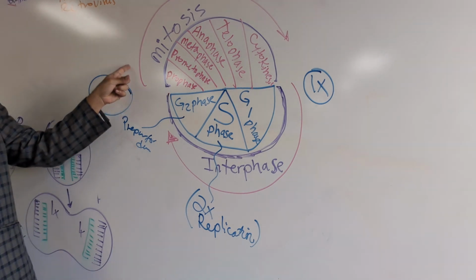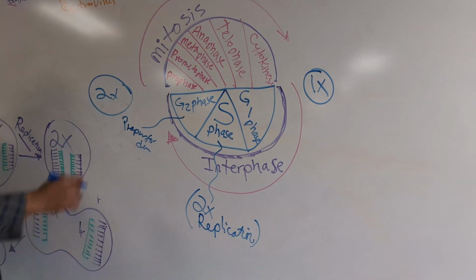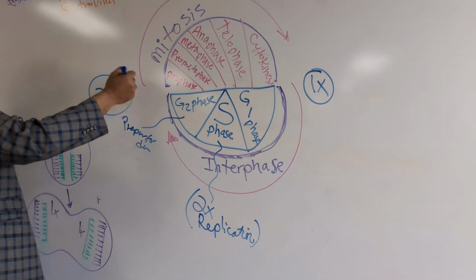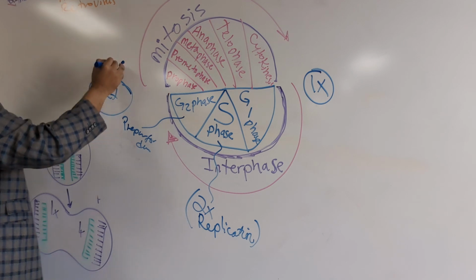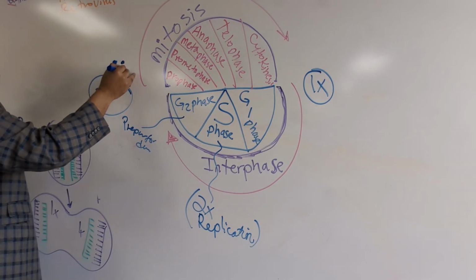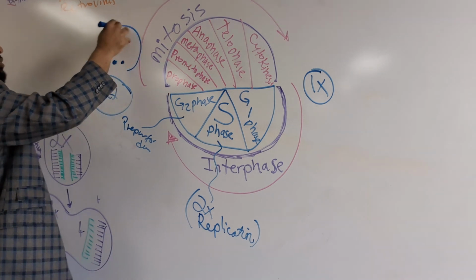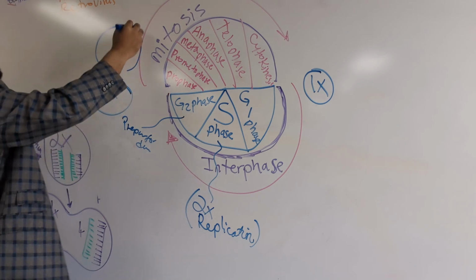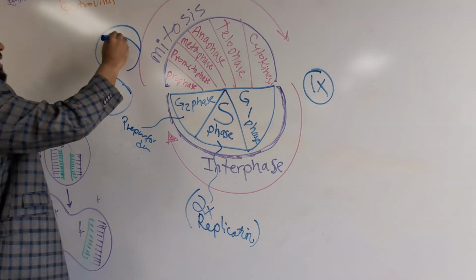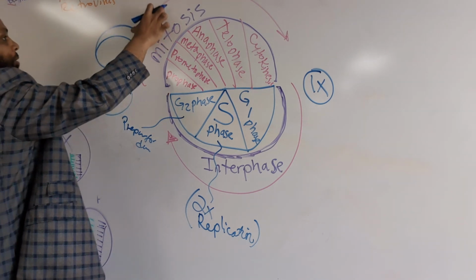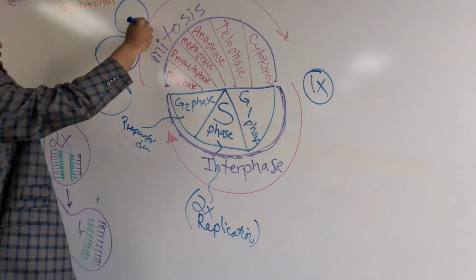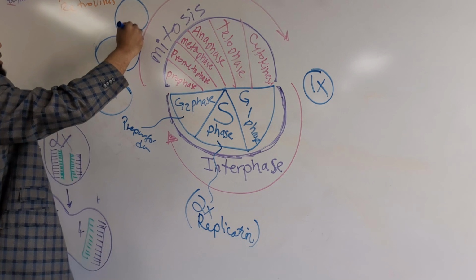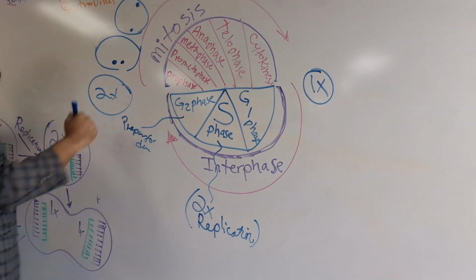Then when I go through mitosis, I'm going to have my chromosomes in prophase. I'm going to generate 2 centromeres which are polarizing to one pole. That's in prophase. In prometaphase, they're going to start to polarize to the opposite direction.